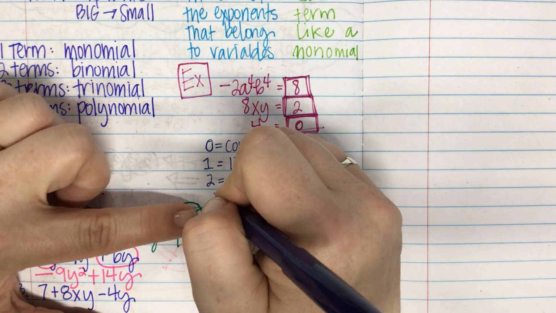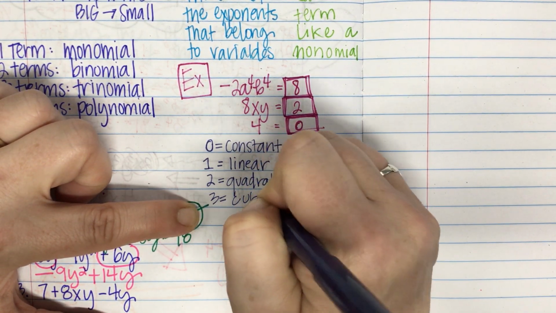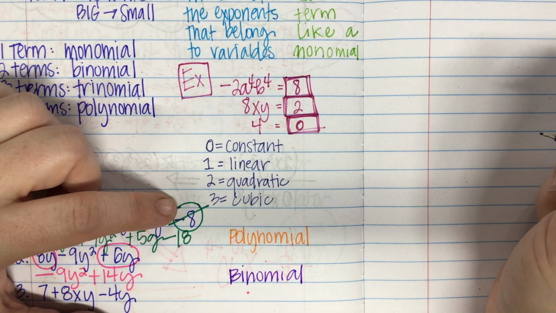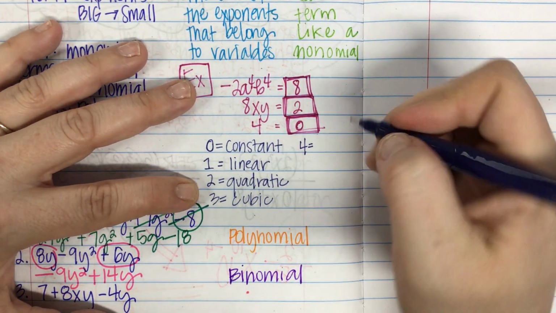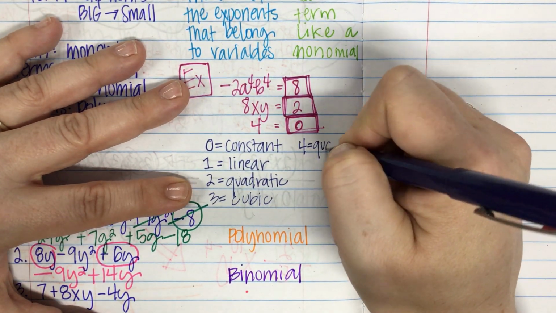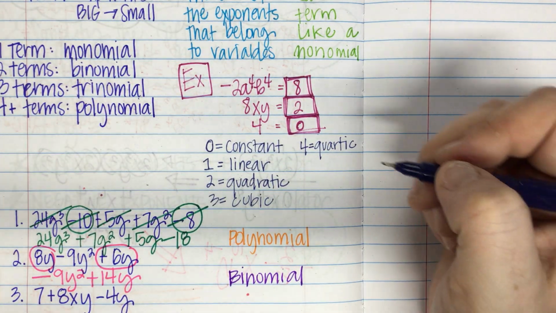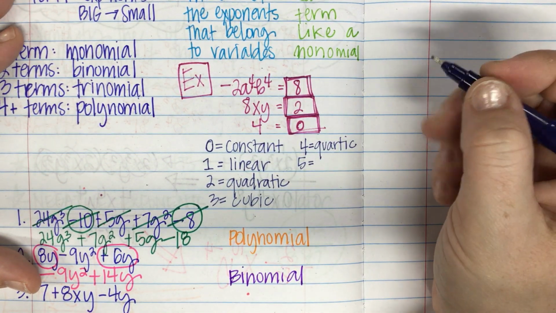If your highest degree is 3, it's called cubic. If it's 4, it's called quartic. 5, what do you think?